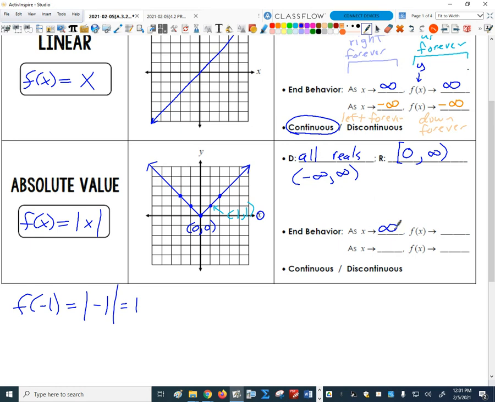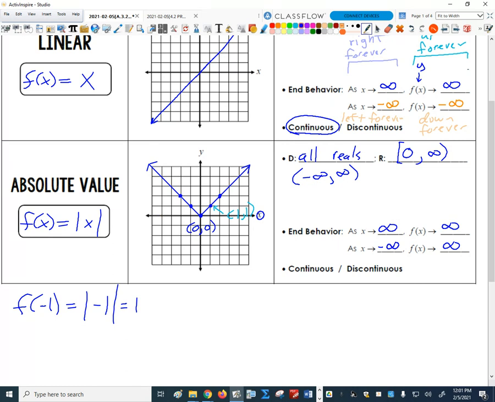Because as we go to the right forever, we're going up forever, right? So that's also infinity. Okay, what if we want to go to the left forever? As x approaches negative infinity, what does y approach? Aidan McDermott? Positive infinity. Very good, right? Because as we go to the left forever, we're going up forever.